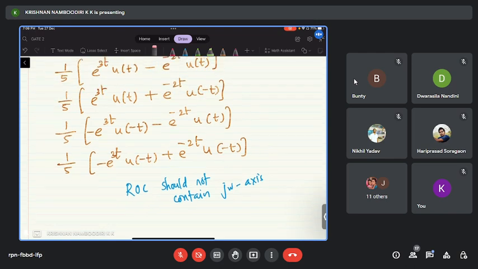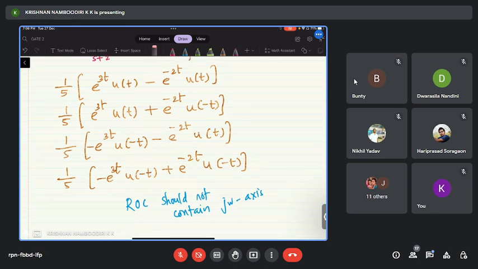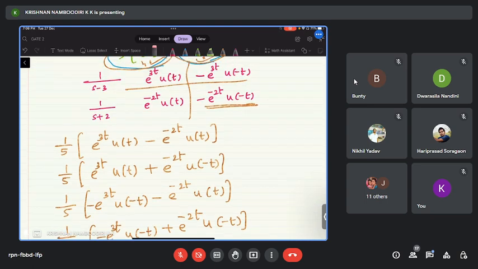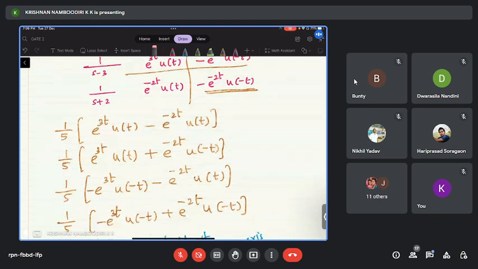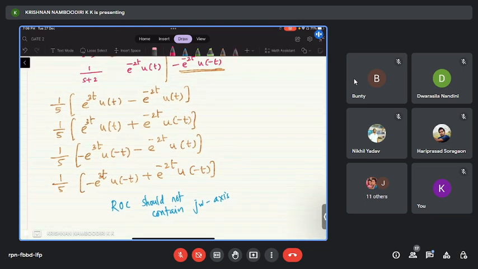Now let us try to find the ROC of all these options. What is the ROC of the first one? e^(3t) u(t) has an ROC: the real part of s greater than 3.